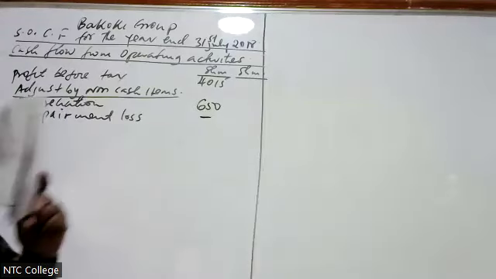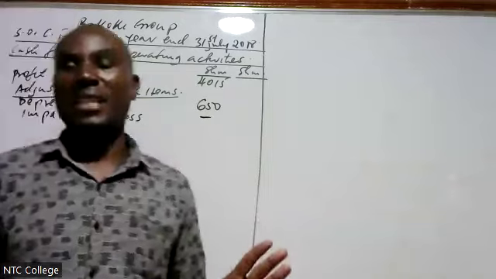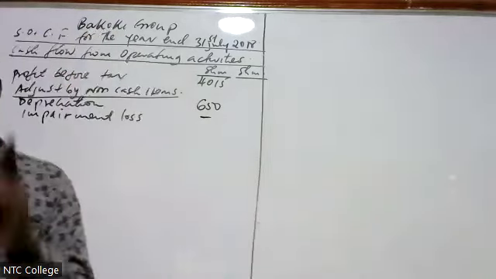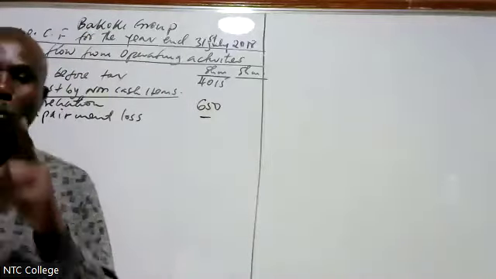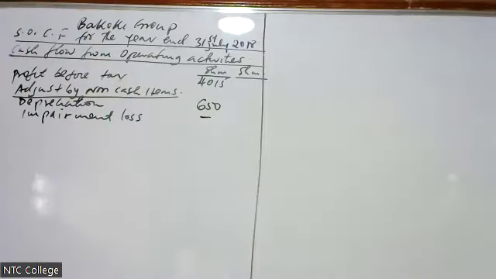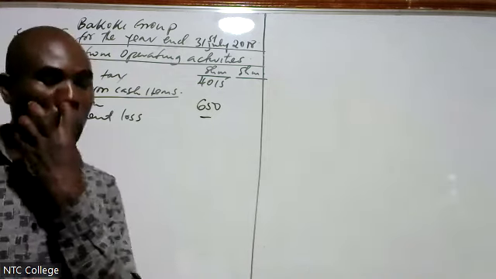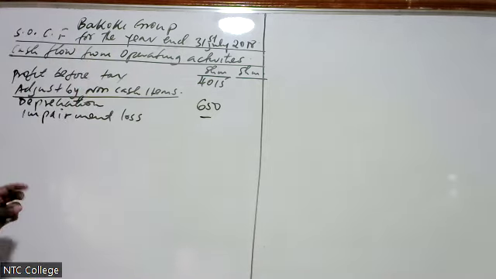I put a dash, but I showed you how to get it in our first question. If you want to pass this exam, make sure those workings are relevant to you. We did not waste time on them. Make sure they are very relevant. If they are not very relevant to you, then I believe you need to struggle much. But if you use them as relevant items to you, it will help you. I already showed you how to get it if it was not given.